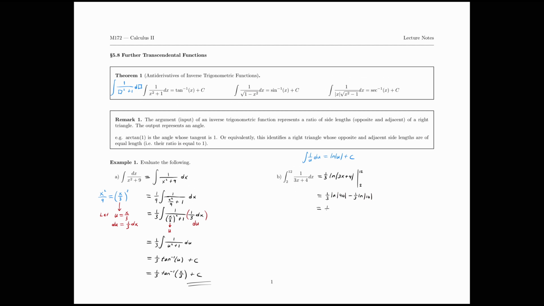I'll factor out a 1/3, and we're left with ln 40 minus ln 10. Natural logs have the property that if we're doing subtraction, we can convert this into division of the arguments. So 40 divided by 10. So this is 1/3 natural log of 4. And that's it.